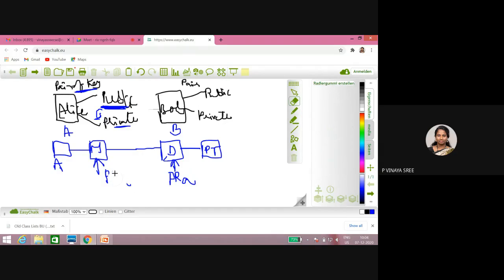Now, for the sake of understanding, I will ask you a question. The first question I'm asking is, can A encrypt this message with the private key of Bob? Is it possible? No. Why? Because I cannot use others' credentials.